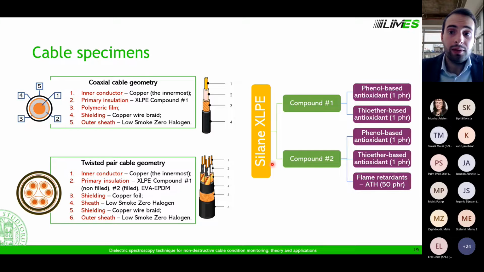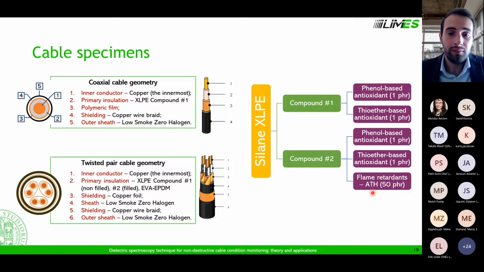The first compound is made up of polyethylene plus two different antioxidants, one primary and one secondary, with a concentration of 1 phr each. The second compound has the polyethylene matrix plus the two antioxidants plus 50 phr of flame retardant, ATH in this case. So we have a very high concentration of flame retardants.